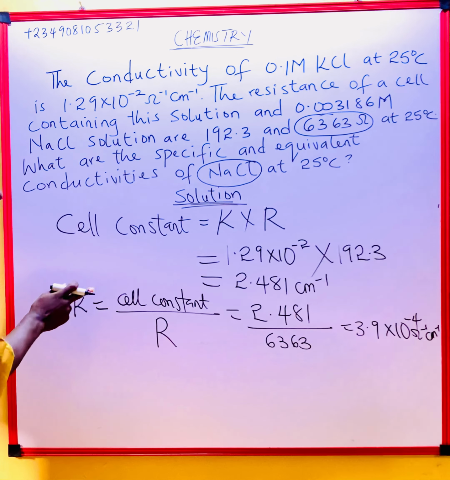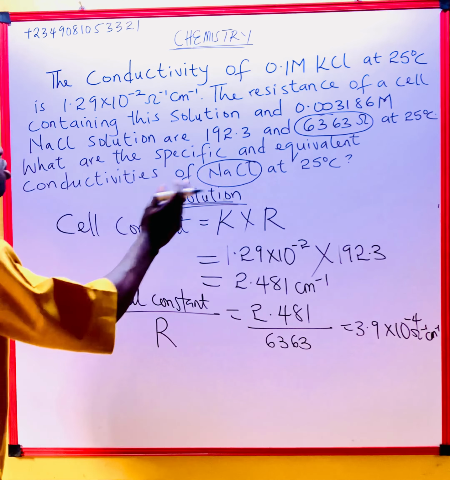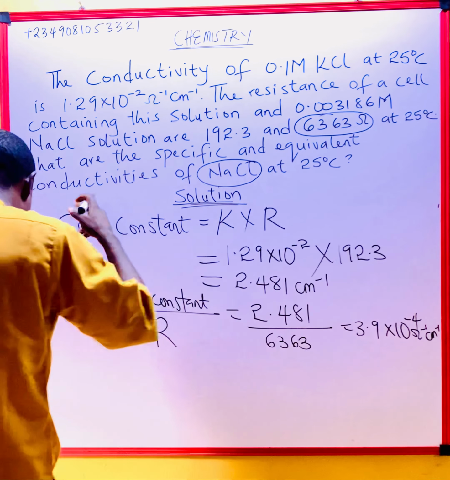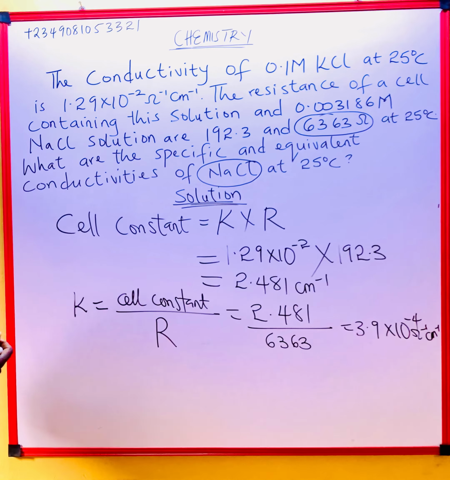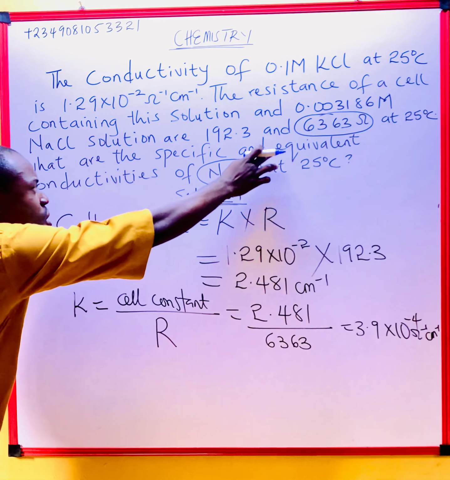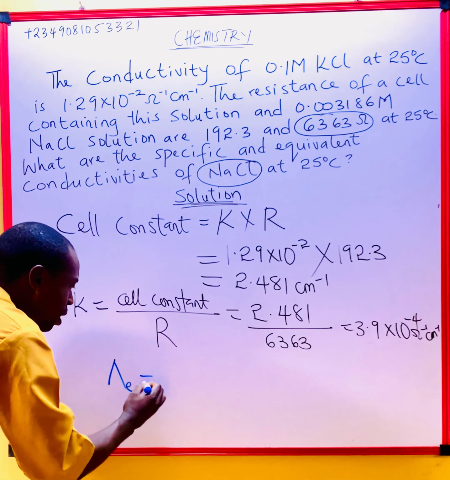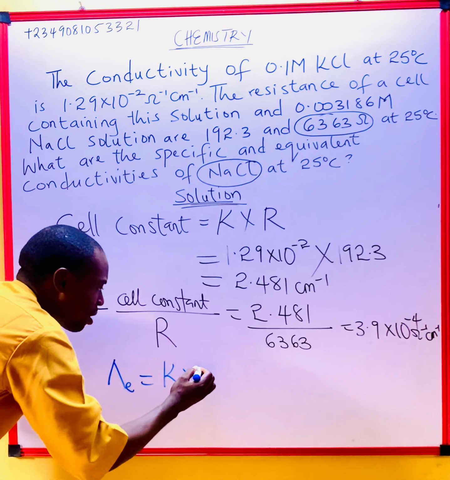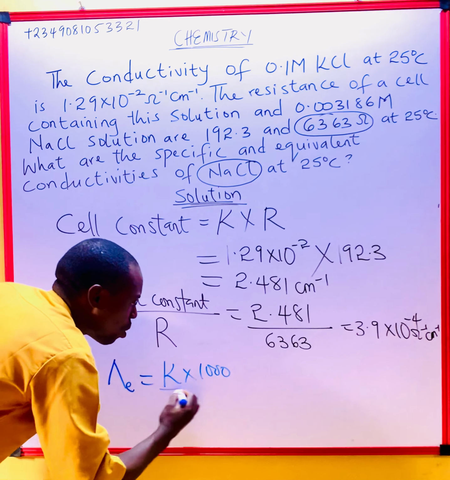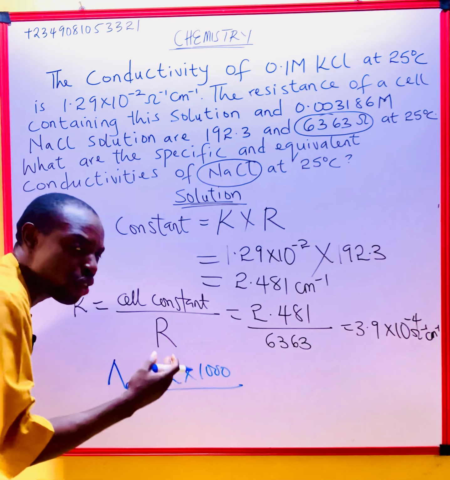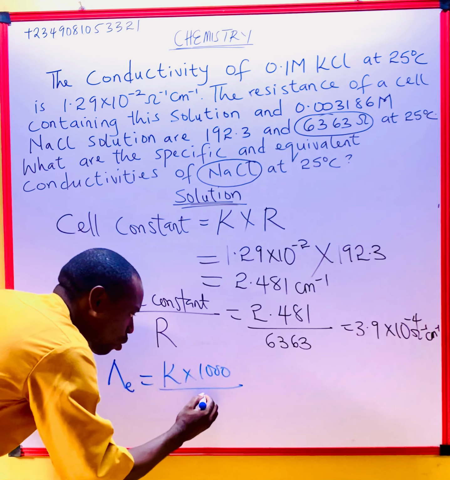Conductivity, the specific conductance. Now the next question is equivalent conductivity. Very simple. So what do we actually do here? We remember that the formula for equivalent conductivity is K times 1000 over the concentration. We can use concentration or normality, but let's use concentration here.